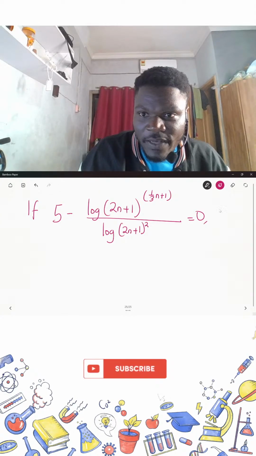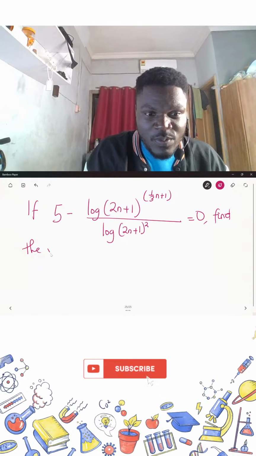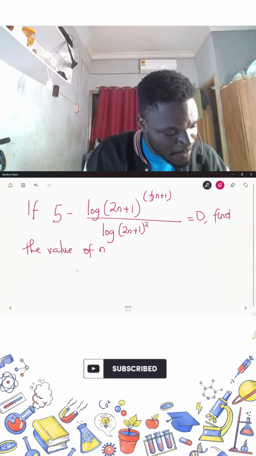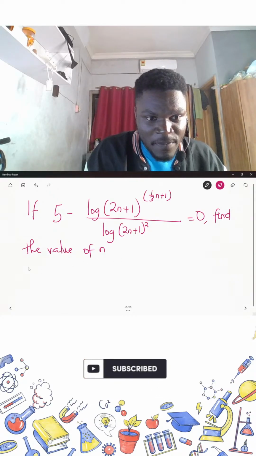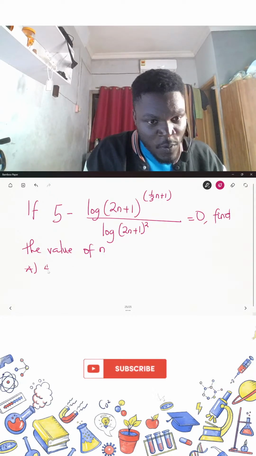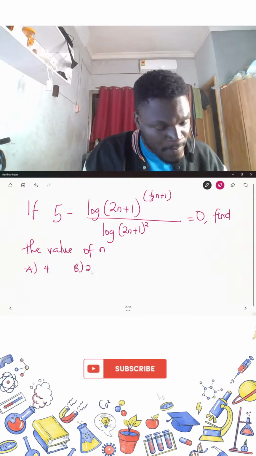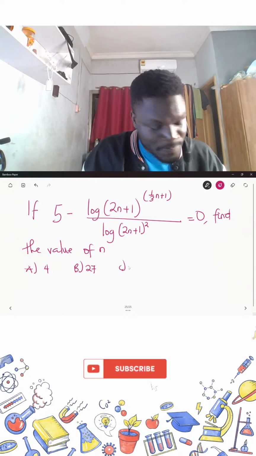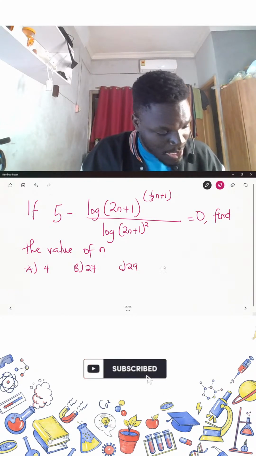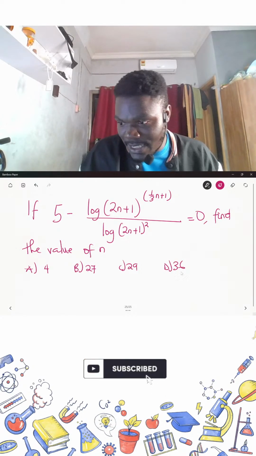Find the value of n. So I have here option A is 4, B is 27, C is 29, and then D is 36.